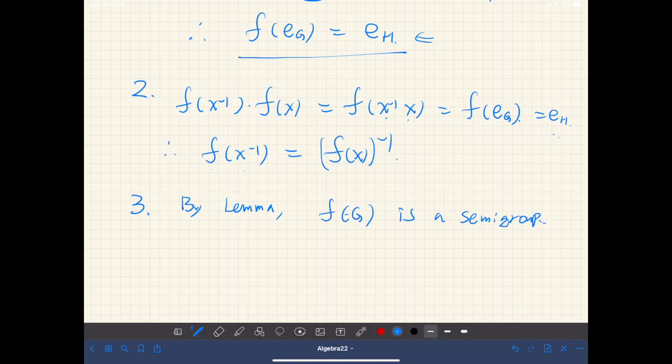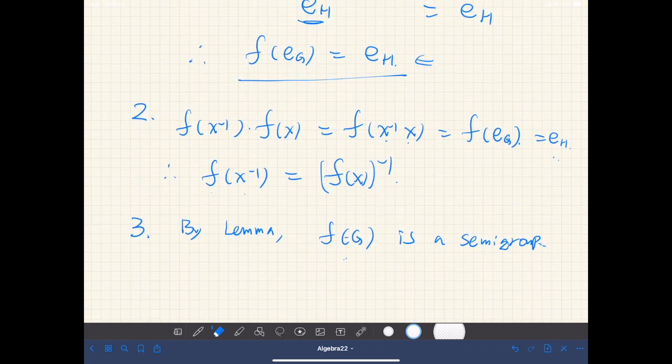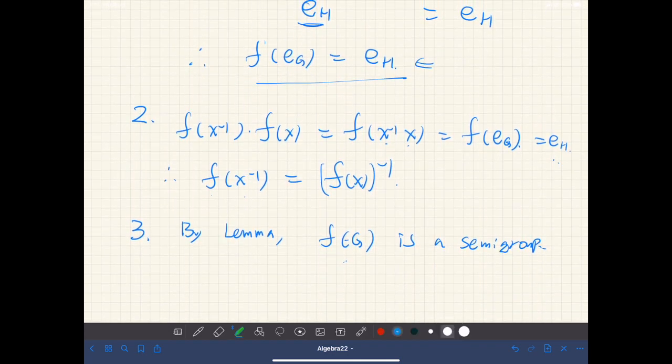So we only need to show the existence of the identity element within this subset, and also the existence of an inverse element for every element in this subset. Of course, by part 1, we have this.